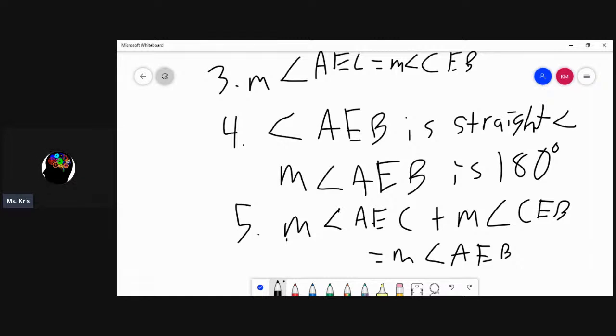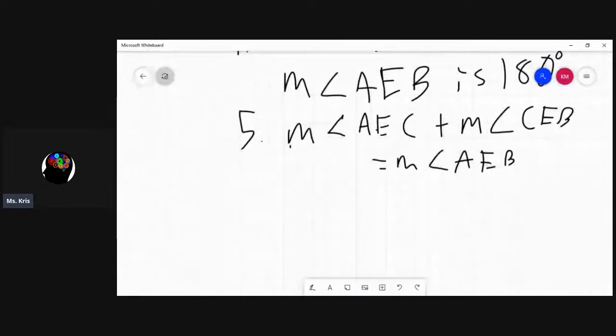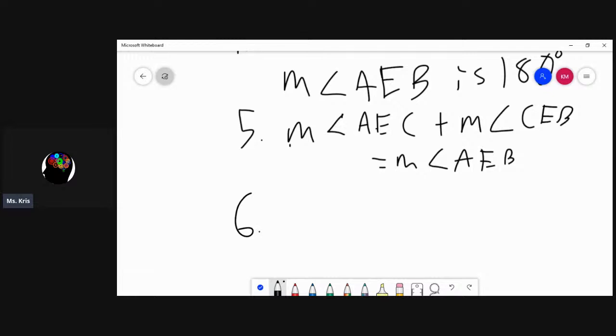So now, 180 degrees. So now, number 6 in the proof says that the measurement of angle A, measurement angle AEC, because remember, we're still dealing with the measurement of these angles.